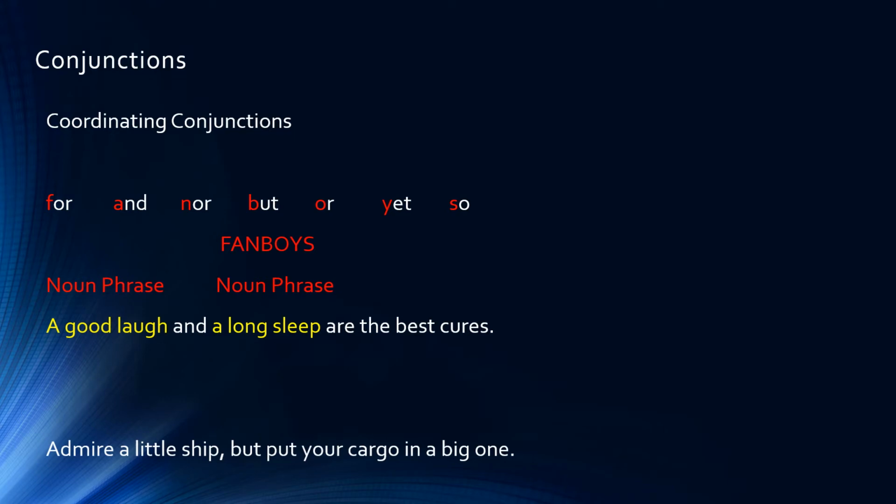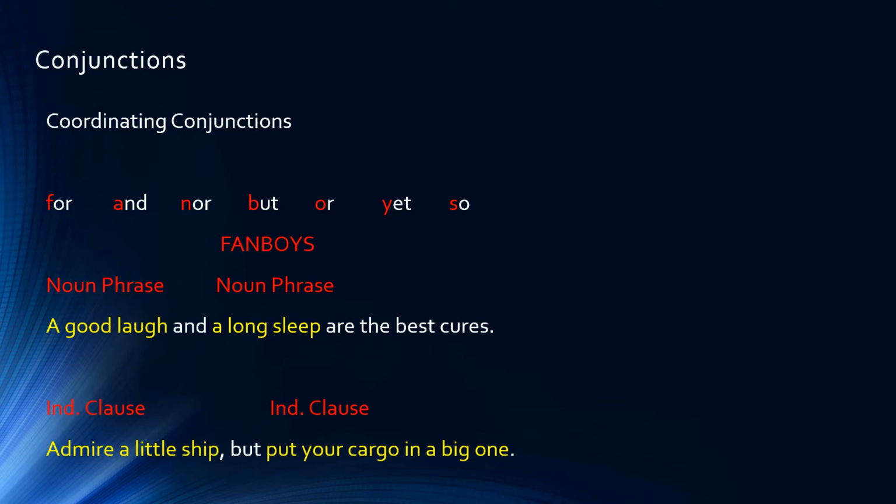Another example. Admire a little ship, but put your cargo in a big one. Now in this sentence, we're using the coordinating conjunction but. And on either side of the coordinating conjunction but, we have 2 independent clauses. Remember, an independent clause is a clause that can stand by itself as a sentence. So the first independent clause is, admire a little ship.